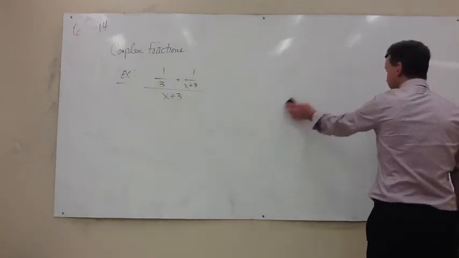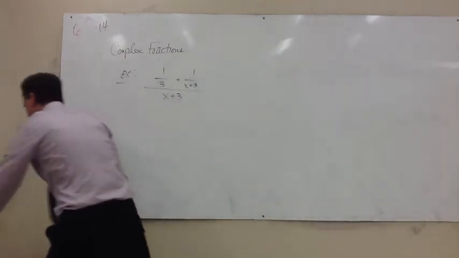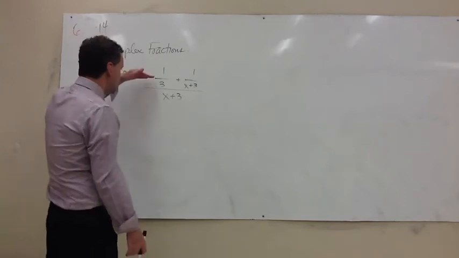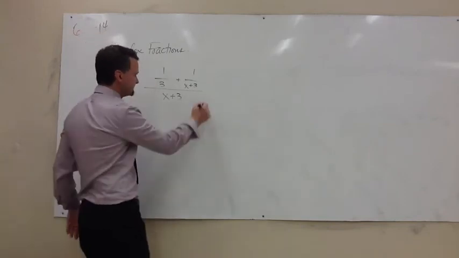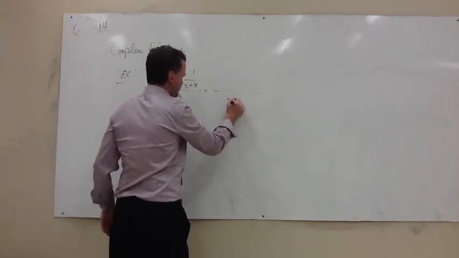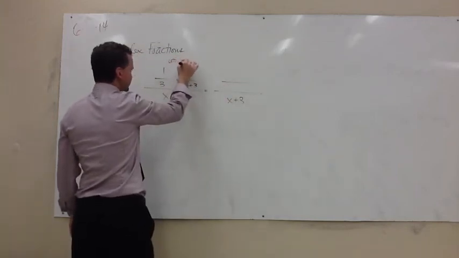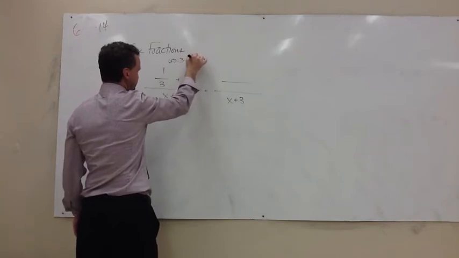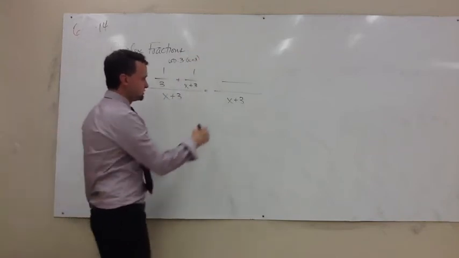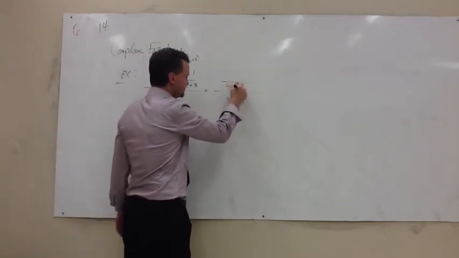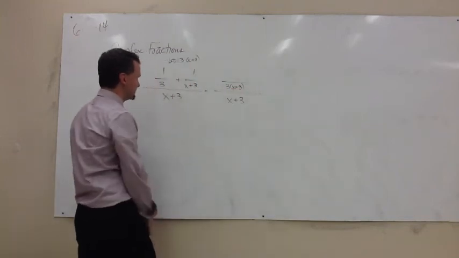Alright, this is no different than doing it with the numbers. Okay? We need to simplify these fractions. You need to add them in the numerator so that you get only one fraction. Well, the common denominator in the numerator is 3 times x plus 3. So you want to make this denominator in the numerator a 3 times x plus 3.